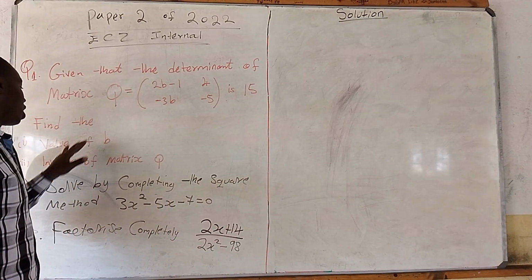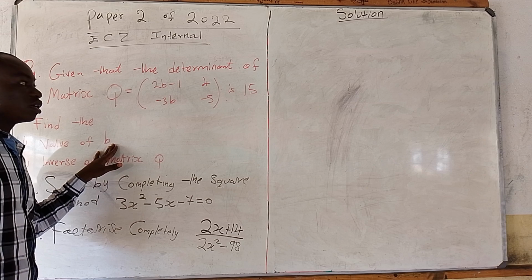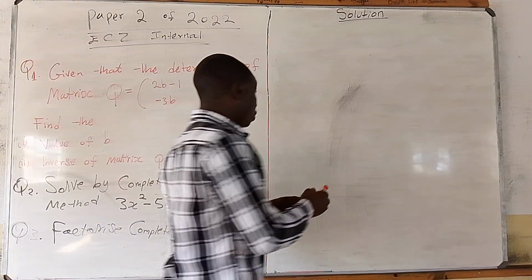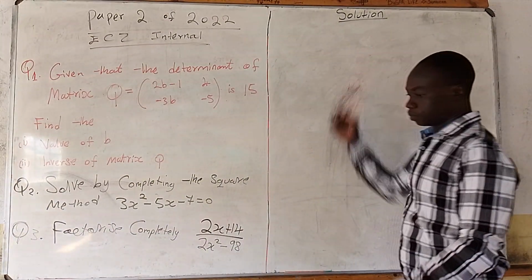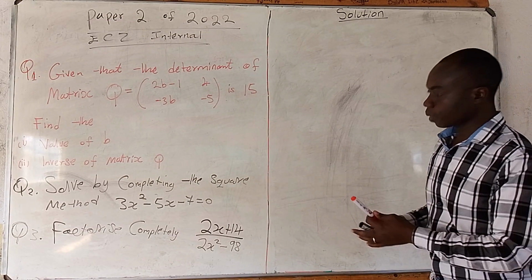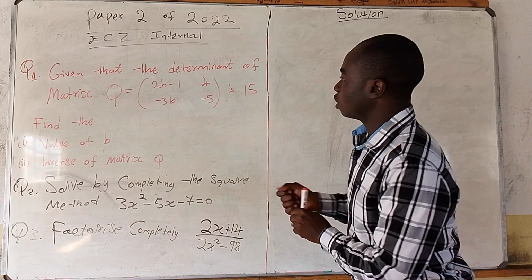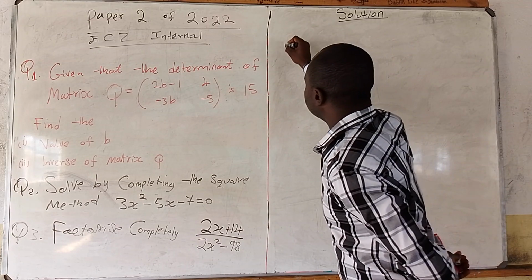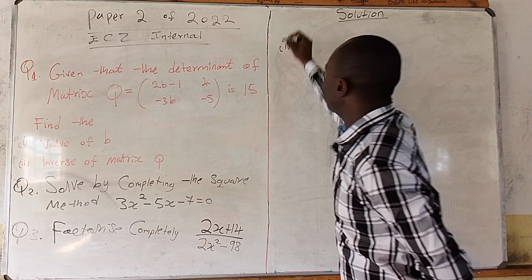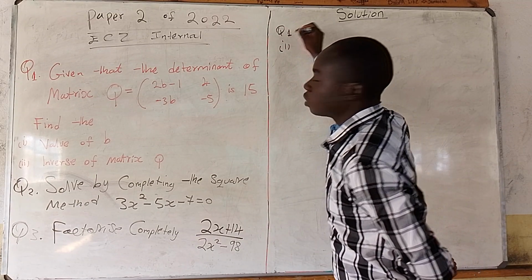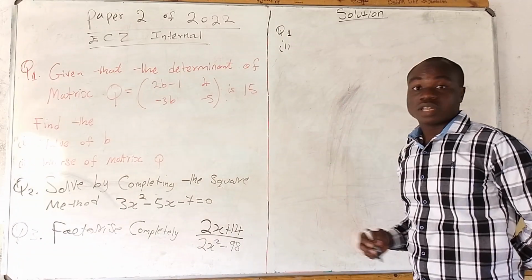We need to find the value of b. So what strategy do we use here? So let's get started. The value of b, that is number 1 for question 1.